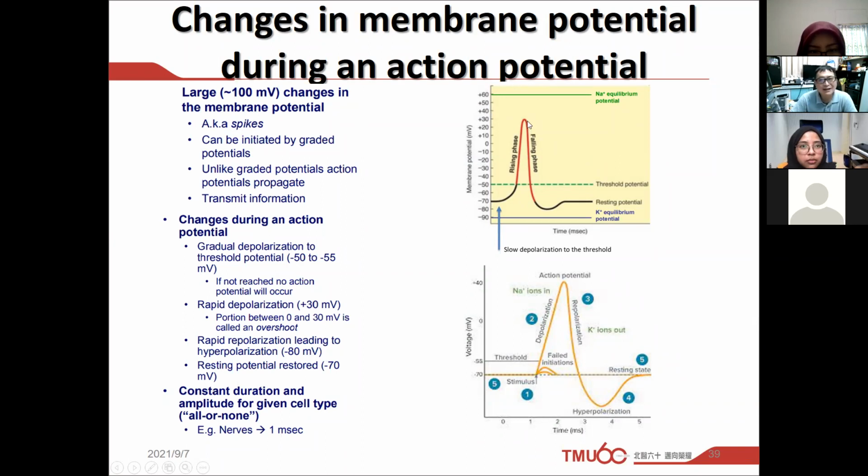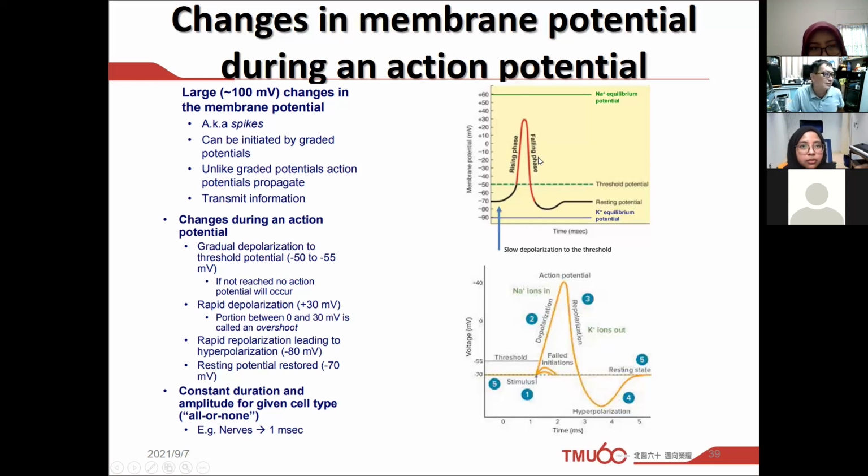The sodium channel will close. How to say that word? Delayed closing. After the closing, another ion channel will open, the potassium ion channel. When it opens, a lot of potassium ions will pump out of the cells into the environment.